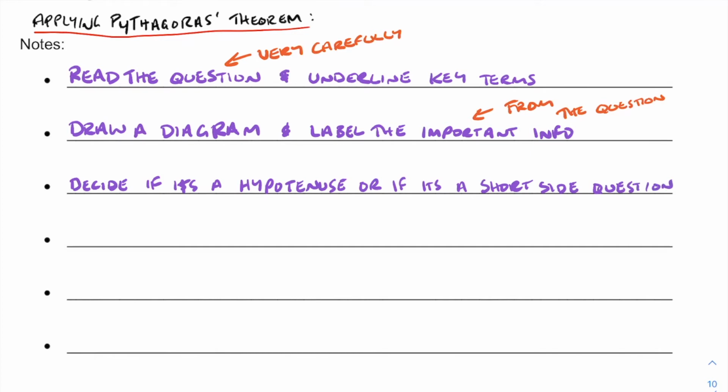Because if you refer back to the previous video, there are essentially two separate formulas. There's one for the hypotenuse and one for a short side. So you need to know which one you're going to be using, because if you don't use the correct one, it may not come out the way that you want it to come out.